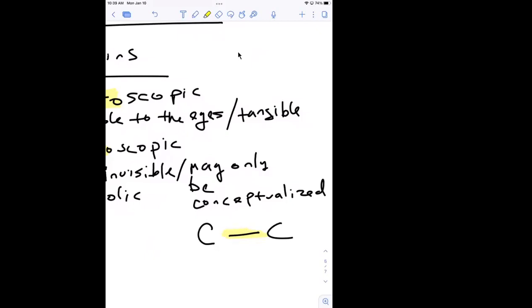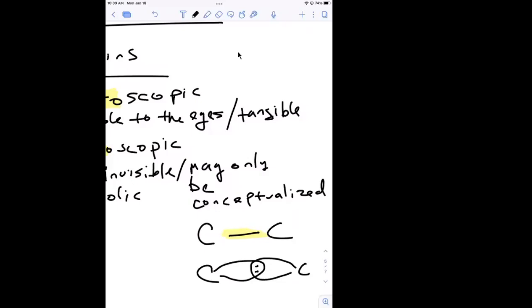The covalent bond happens between two atoms when the orbitals that contain the valence electrons overlap. So really, we can think about this as two orbitals on a carbon atom overlapping and sharing a pair of electrons. But we can't see that with the naked eye.